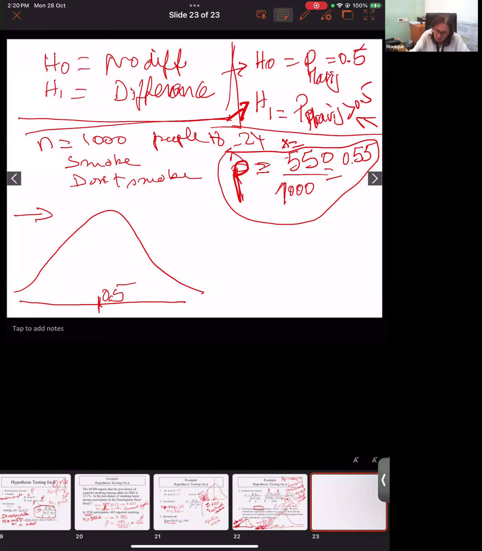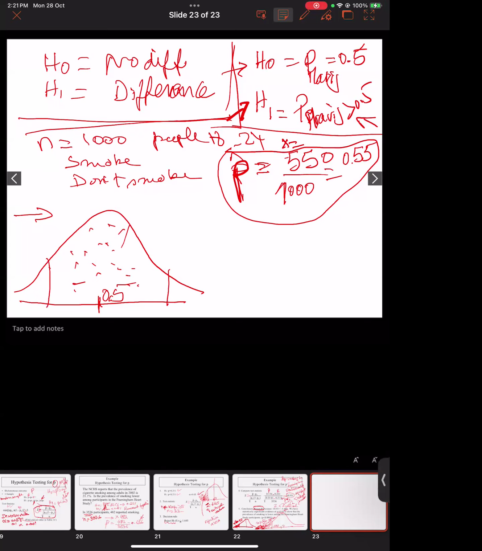it means that my population belongs here. But where do I start saying it's no more H0? I put a decision. I decide that my alpha is 0.05.